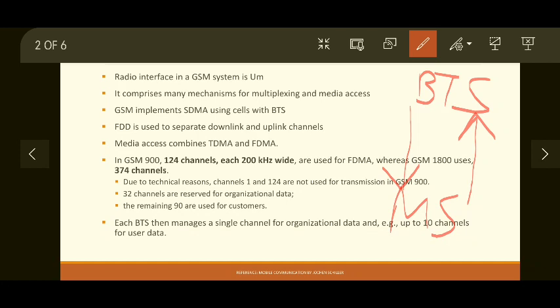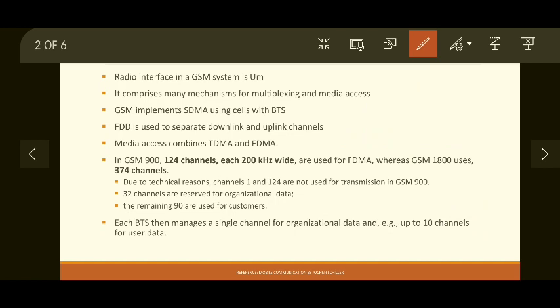Within those 124 channels, each channel is 200 kilohertz wide. If you multiply 124 by 200, you will get the total channel width. We will see the details of the calculation later in the video.